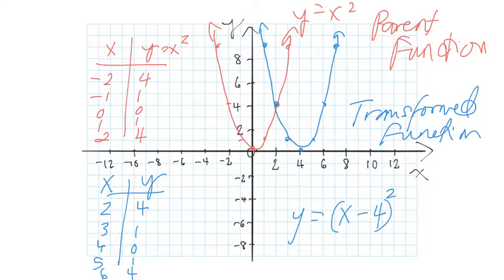So if I take this 2 and I put in y equals (2 minus 4) squared, 2 minus 4 is negative 2, so y equals (negative 2) squared, which is then 4. Okay, so indeed, I do actually have this point. This point satisfies this relation. I won't do the rest, but if you do each of the other points in the table, you'll see that each of these points satisfies this relation.